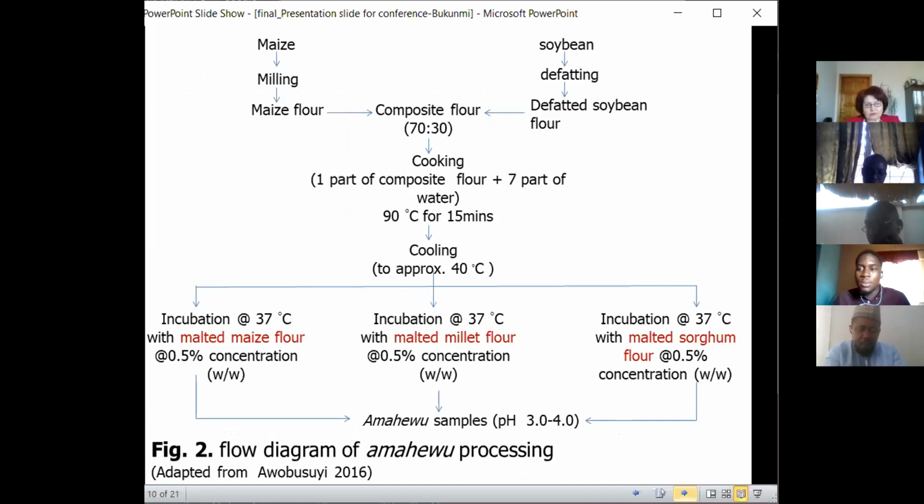Then a gruel is produced for about 15 minutes at 90 degrees Celsius. Then it is cooled. Then our inoculum is added so that fermentation can occur.